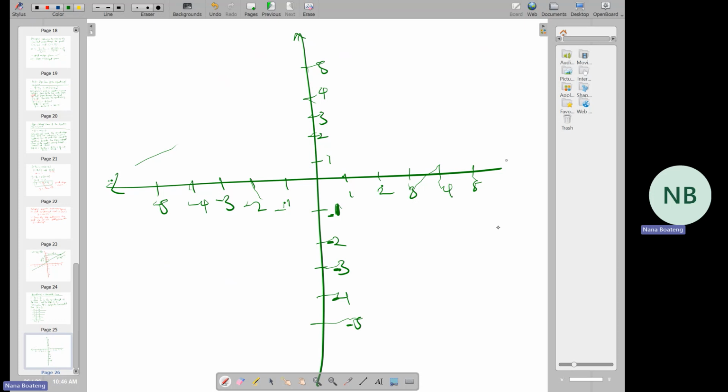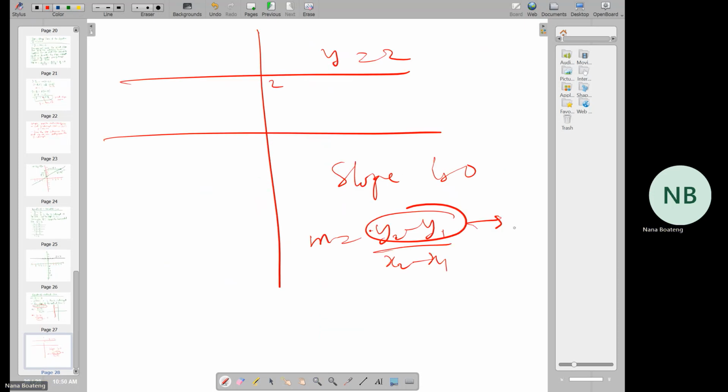There is no change in the value of y. So you have m is equal to 0 divided by x2 minus x1, which gives the slope of the horizontal line as always equal to 0. All right.